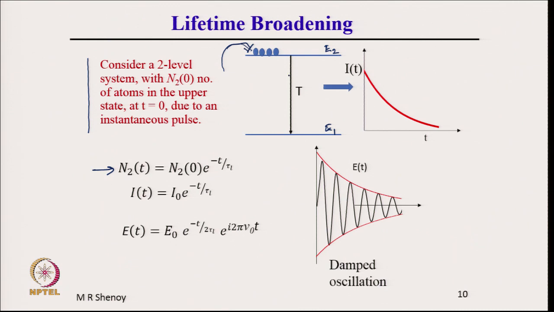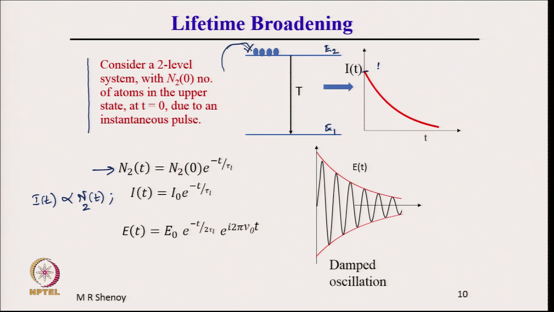Every atom which is coming down also gives out radiation and non-radiation, maybe both are present, but the intensity of radiation coming out will be proportional to the number of atoms. So, I of t, the intensity of radiation coming out at any instant, is proportional to N2 of t, and therefore I of t is equal to I0, the initial intensity.